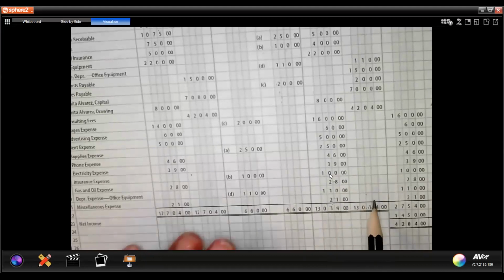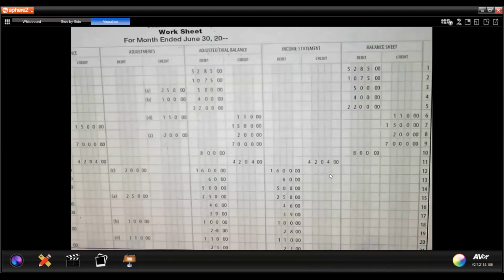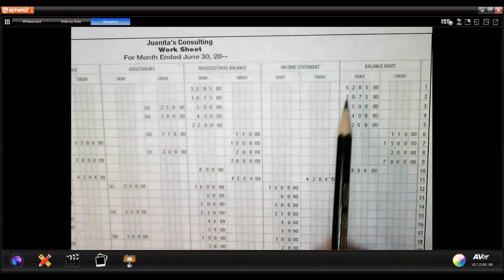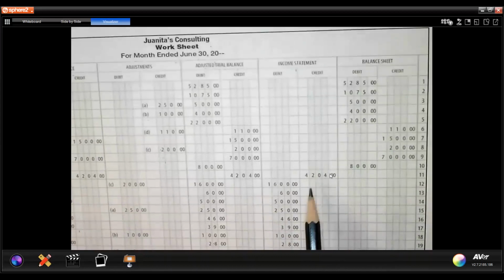Okay. So moving on to Juanita's consulting, the income statement portion. Again, we already know what's included on the income statement. We have revenues included on the income statement, as well as our expense accounts.